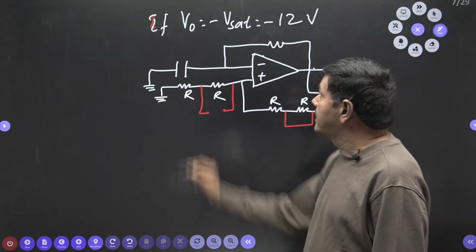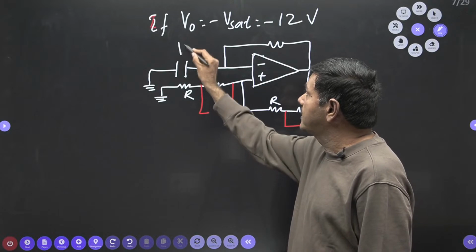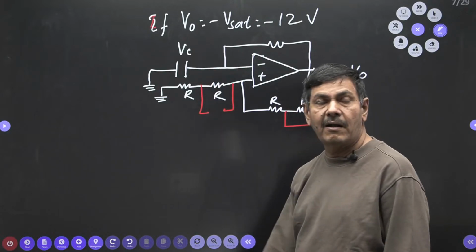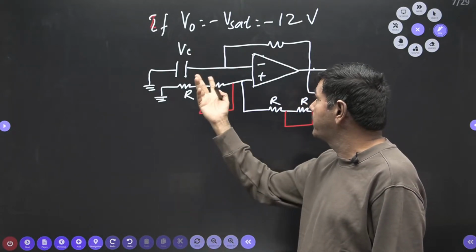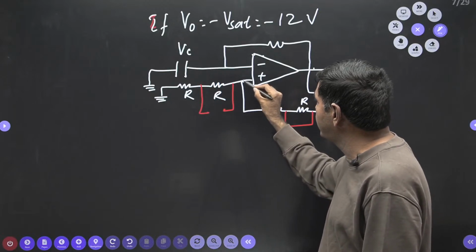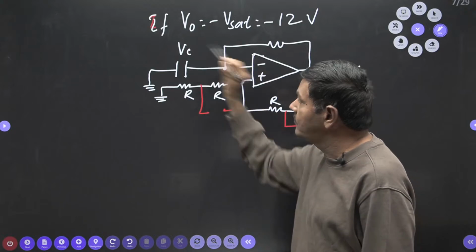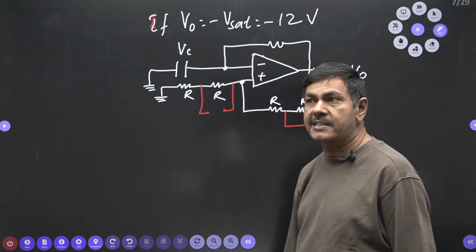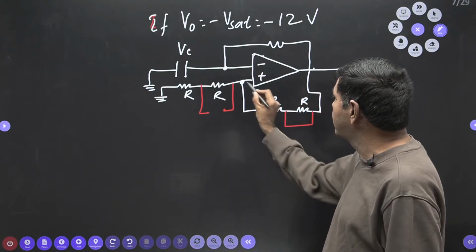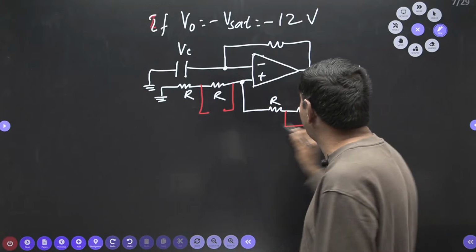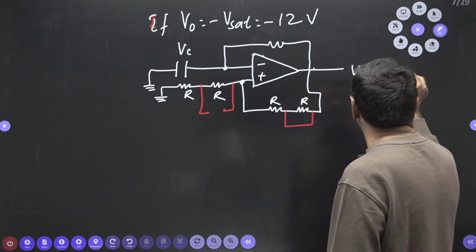Now we require the voltage across this capacitor. How can we find the voltage across this capacitor? Initially you find V plus equal to V minus, equal to the voltage across the capacitor. But how to find this V plus is very important. V naught equals minus 12, you know very well.